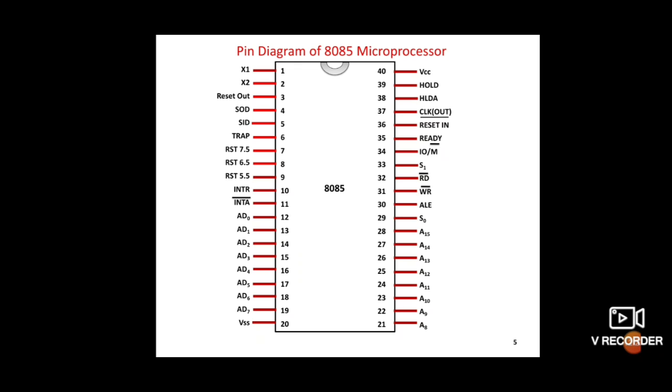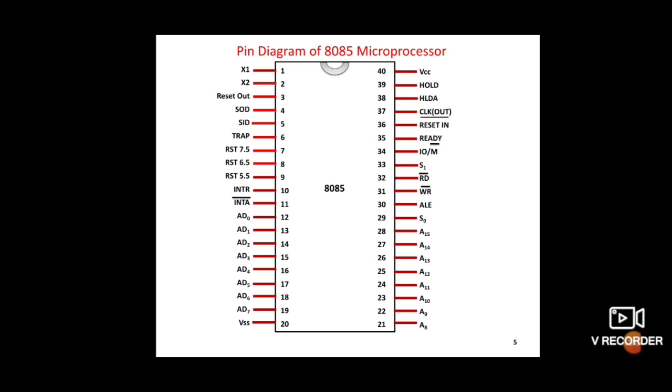See here, on the left side, 1 to 20: first and second pins are X1, X2, third pin is RESET OUT, fourth pin is SOD, fifth pin is SID, sixth is TRAP, 7 is RST 7.5, RST 6.5, RST 5.5. Next is INTR, pin 11 is INTA bar, pins 12 to 19 are AD0 to AD7, and the last, pin 20, is VSS.